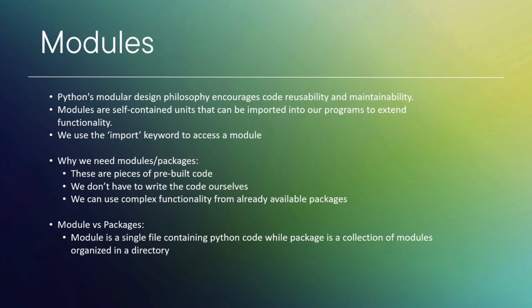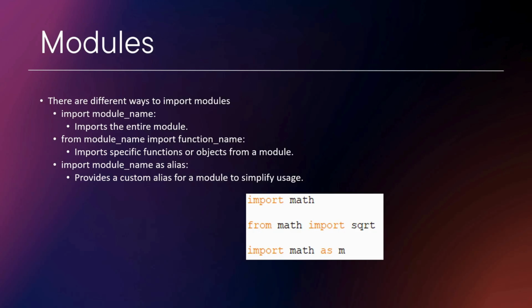Okay. There are different ways to import a module. For example, we can simply write import and then the module name, which imports the entire module. We can also import some specific functions. For example, if we know that we will only be using one specific function, we can import only that function by using from module name import and then the function name.